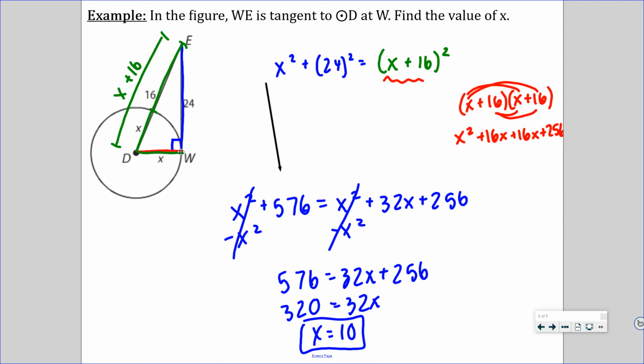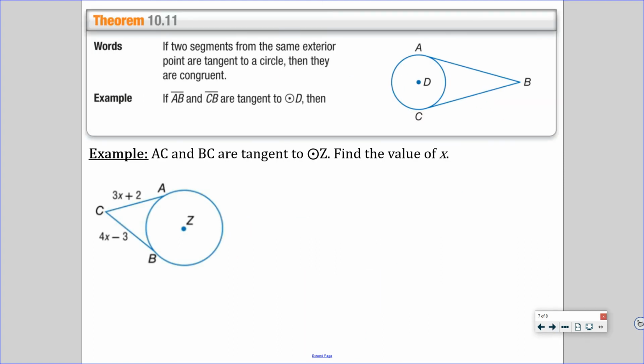Okay. One last theorem we gotta talk about. Next theorem says if two segments from the same exterior point, what do we think the word exterior point would mean? Outside. Outside the circle, are tangent to the circle, then they are congruent.